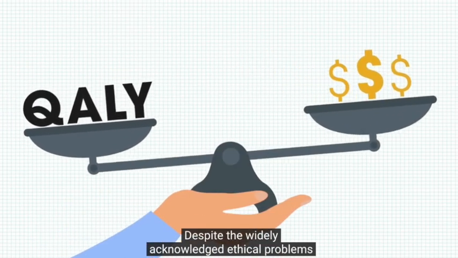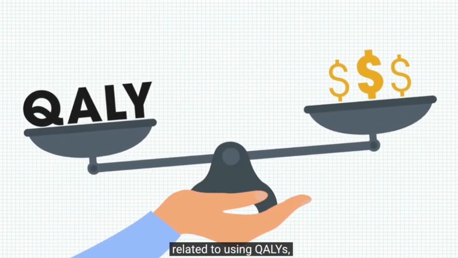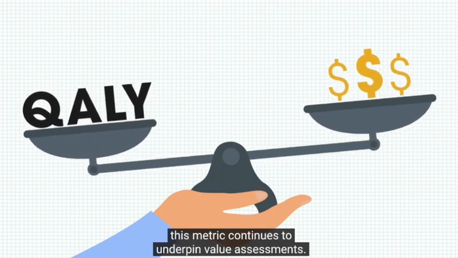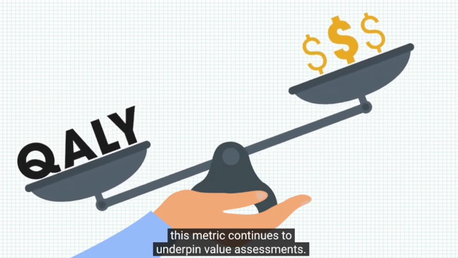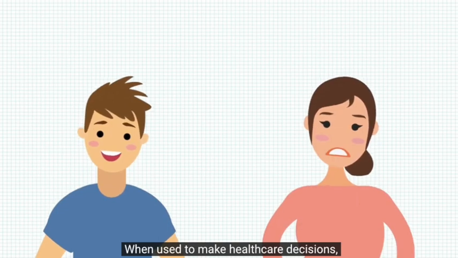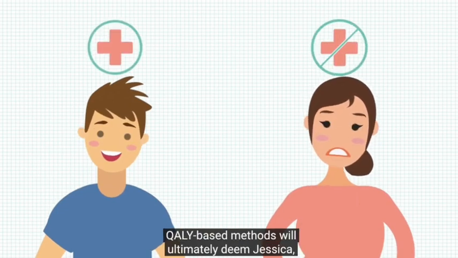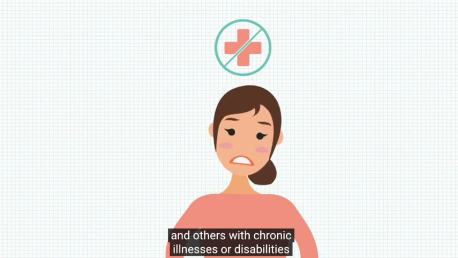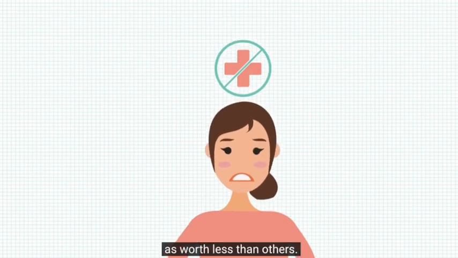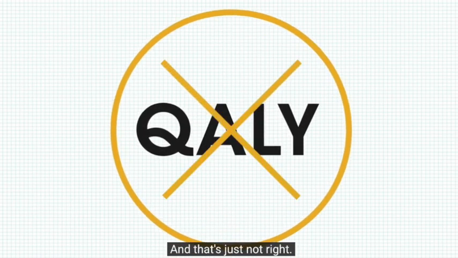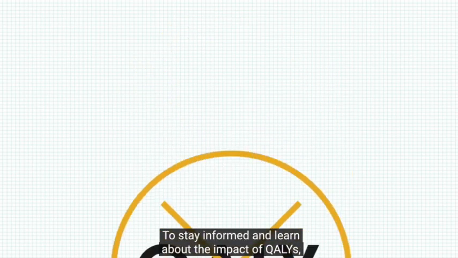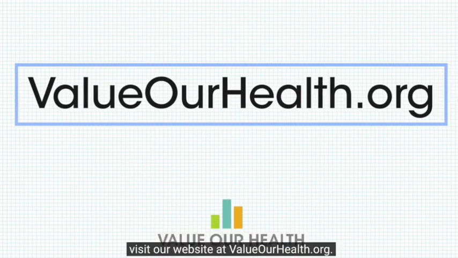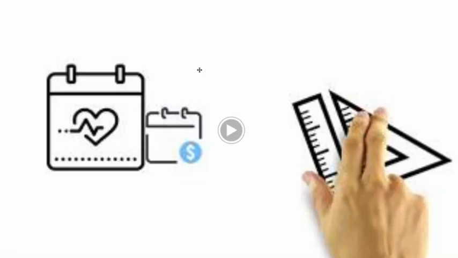Despite the widely acknowledged ethical problems related to using QALYs, this metric continues to underpin value assessments. When used to make healthcare decisions, QALY-based methods will ultimately deem Jessica and others with chronic illnesses or disabilities as worth less than others, and that's just not right. To stay informed and learn about the impact of QALYs, visit our website at valueourhealth.org.